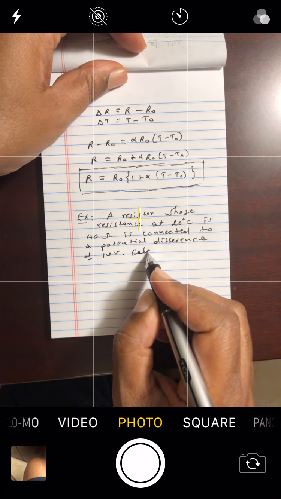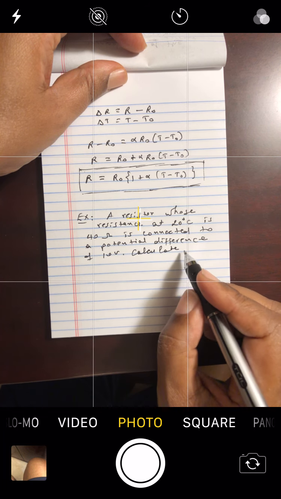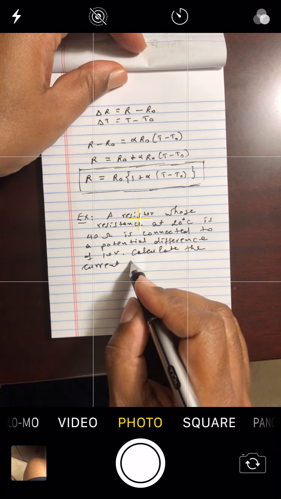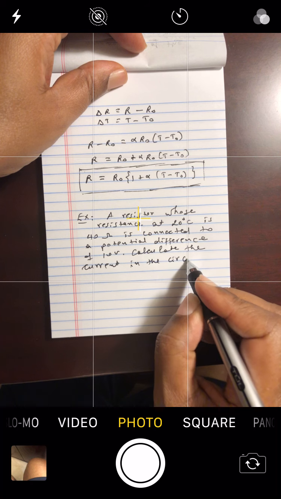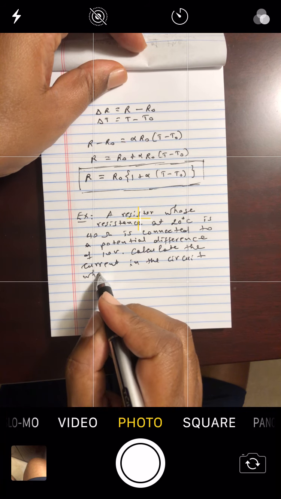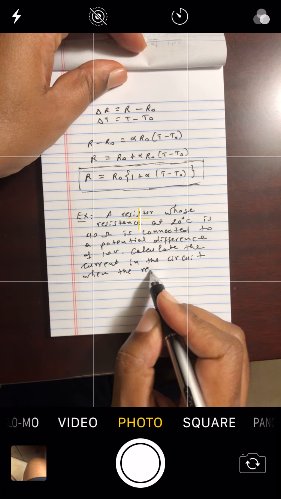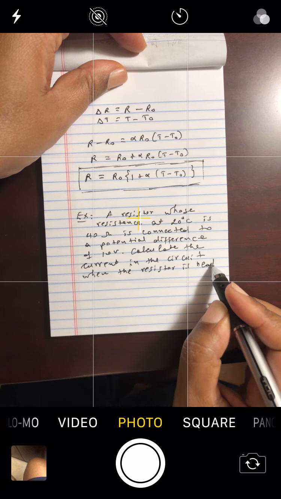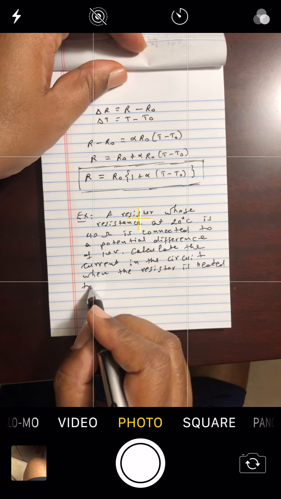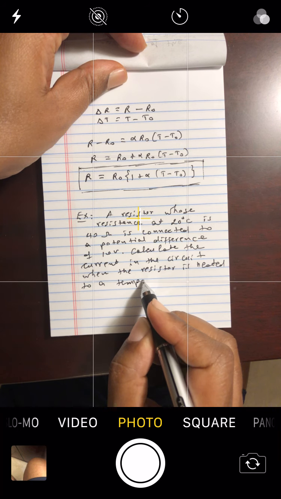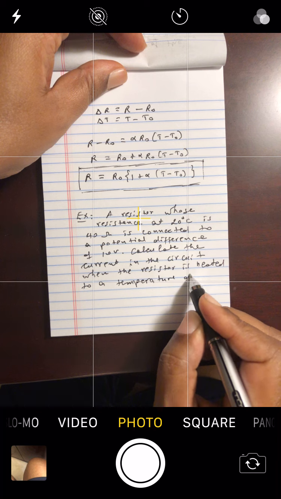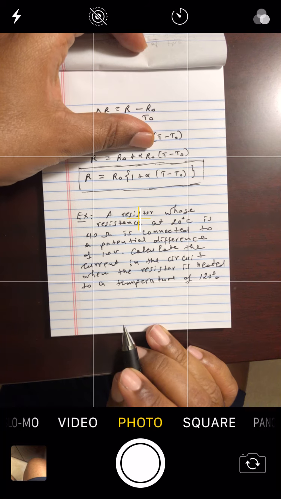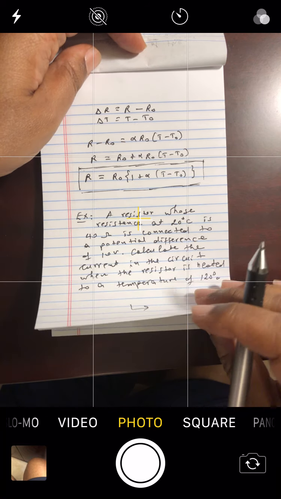Now calculate the current in the circuit when the resistor is heated to a temperature of 120 degrees centigrade.